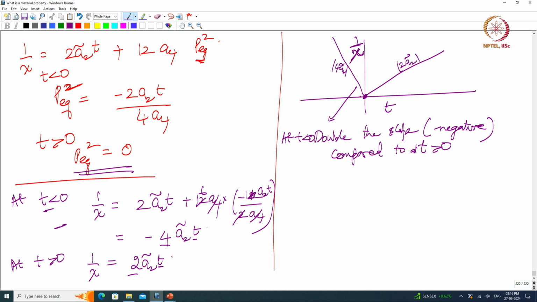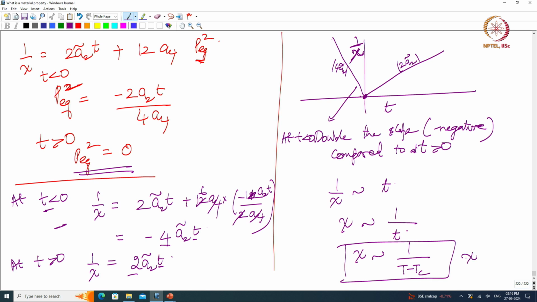All right, where did we see this? 1 by susceptibility goes as t, or in other words, susceptibility goes as 1 by t, or 1 by t minus Tc. I can give a constant here. In both phases that is the case.